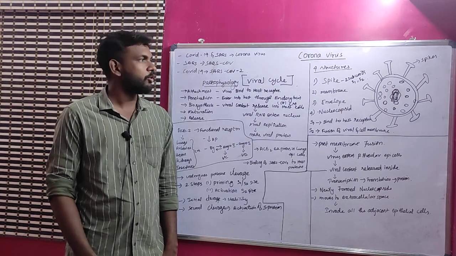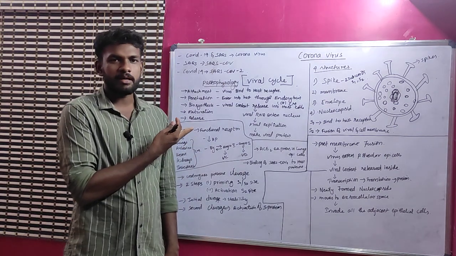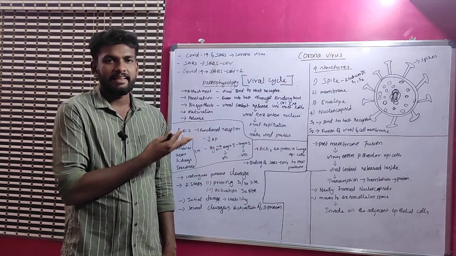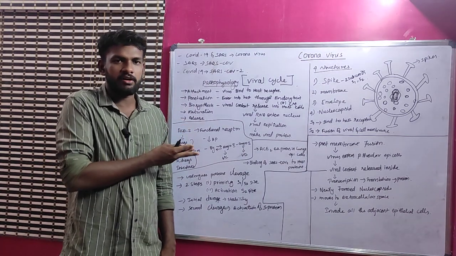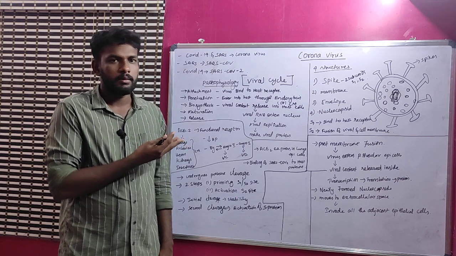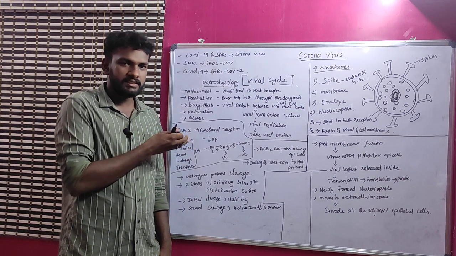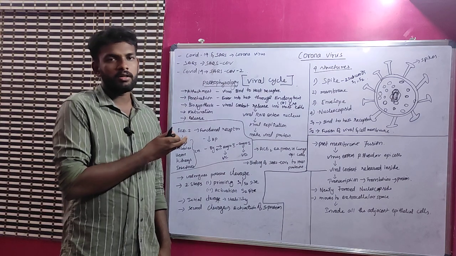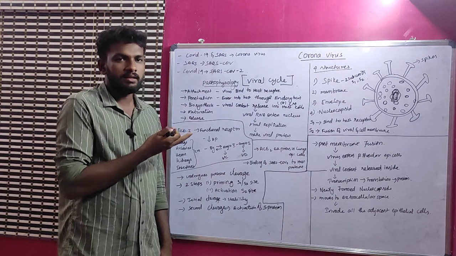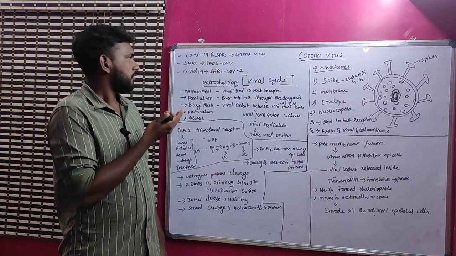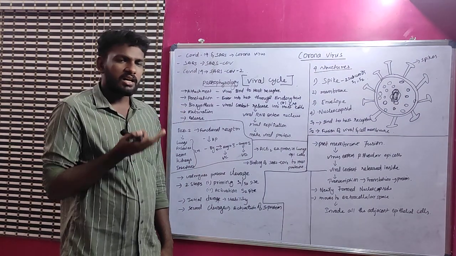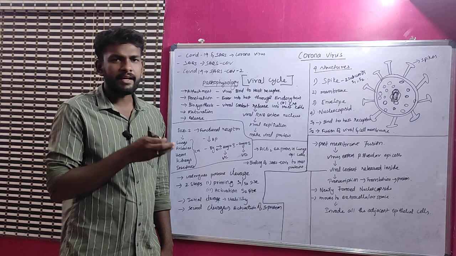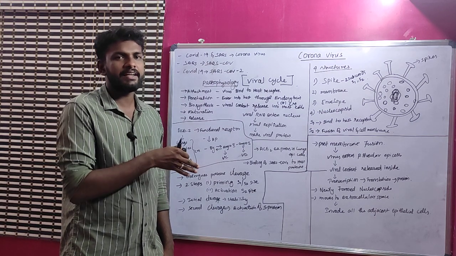Today we are going to see the pathophysiology of the coronavirus, especially the viral cycle involved in it. Before we see this, we should know some basics about the coronavirus. What is meant by COVID and SARS? SARS is nothing but severe acute respiratory syndrome.